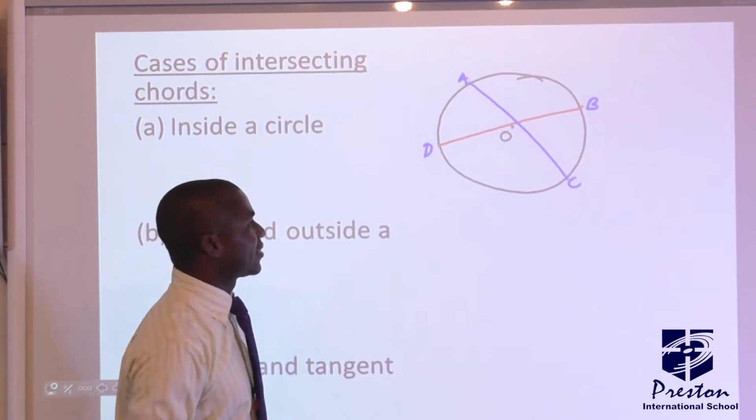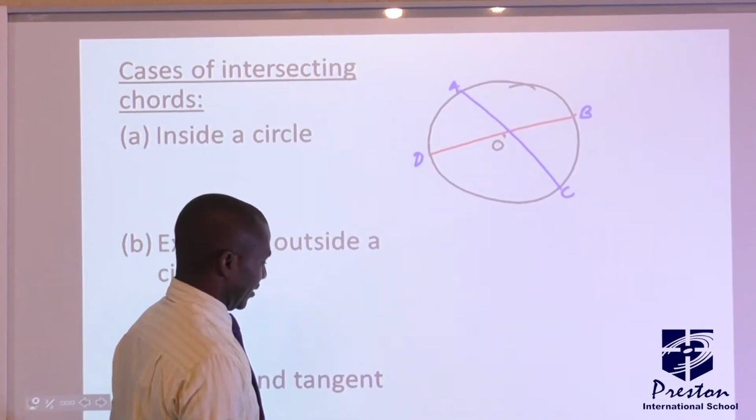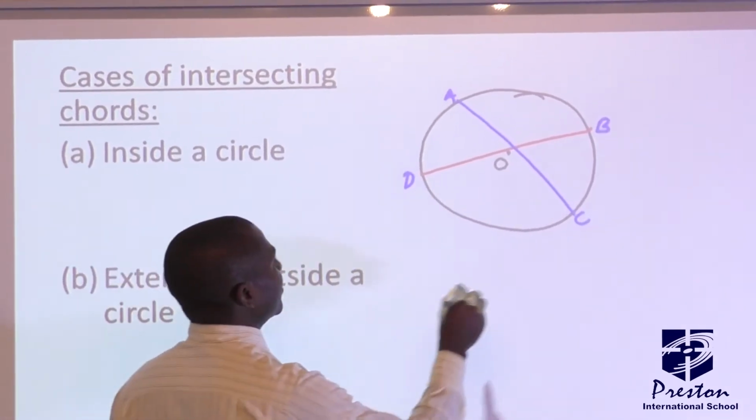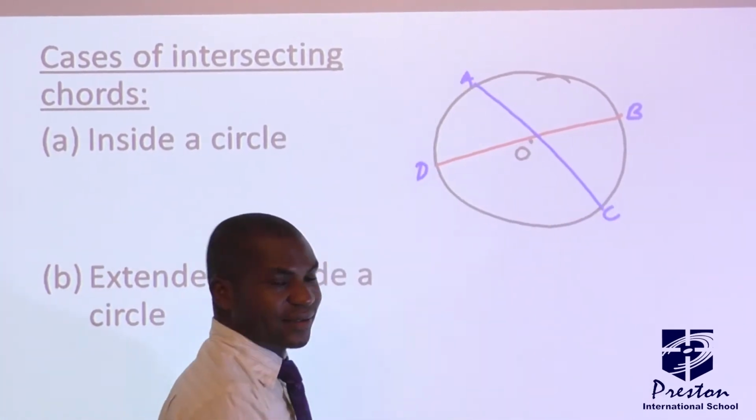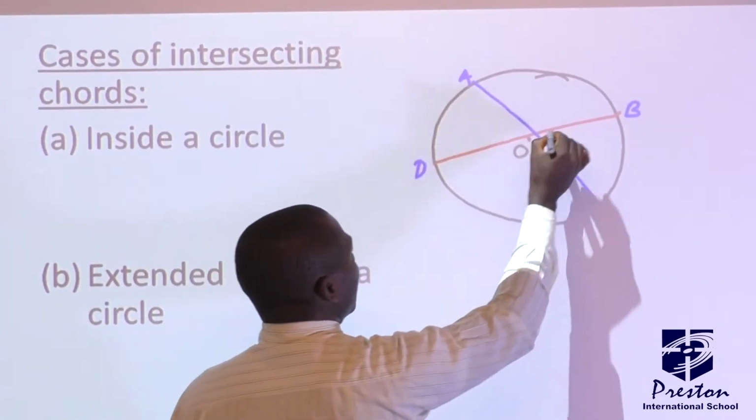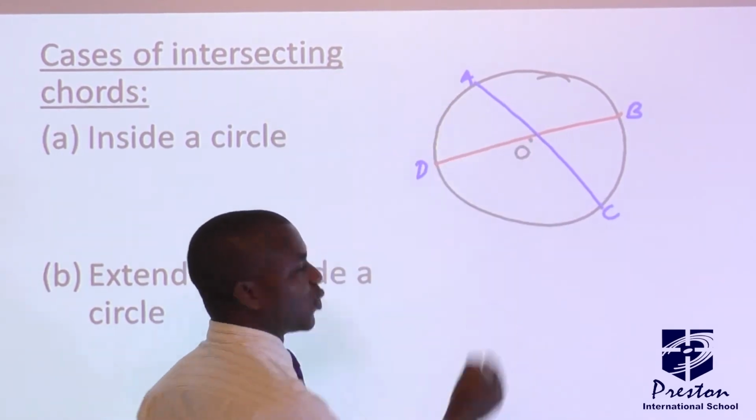So now if we have this A, B, C, and D, now finding the length, you may be asked to find any of these lengths, maybe from here to here, from here to here, and so on and so forth.